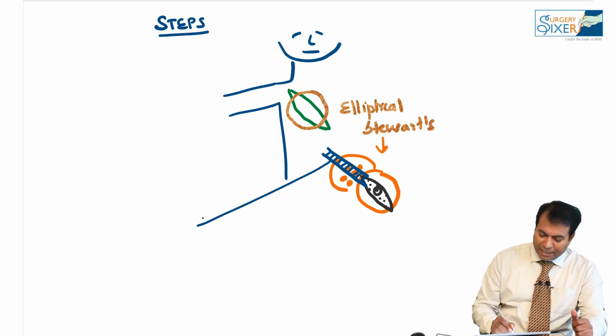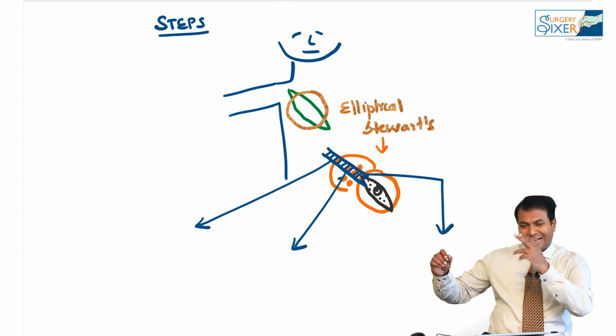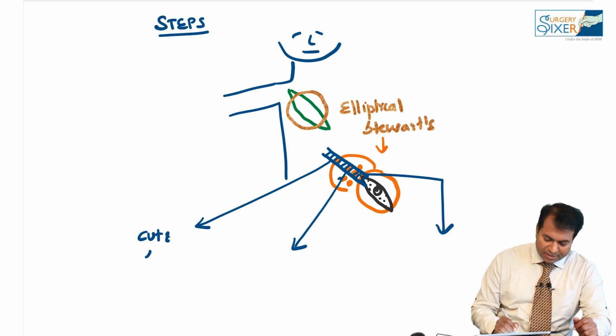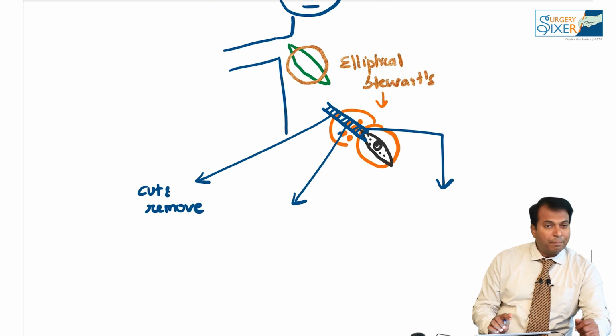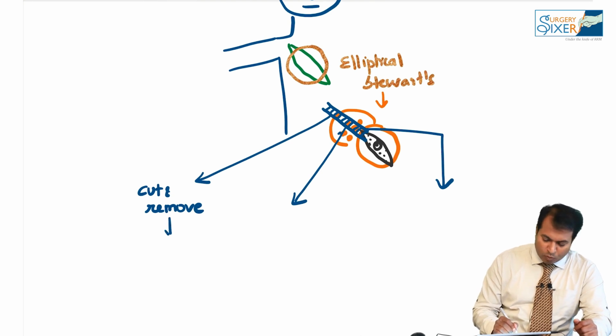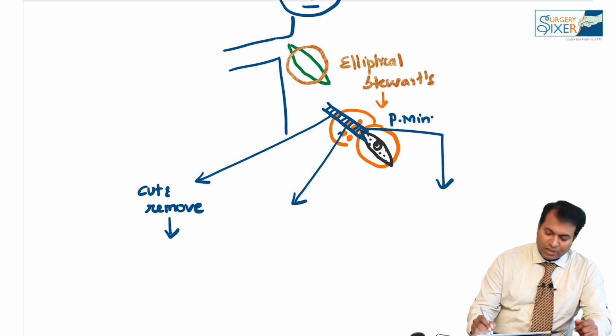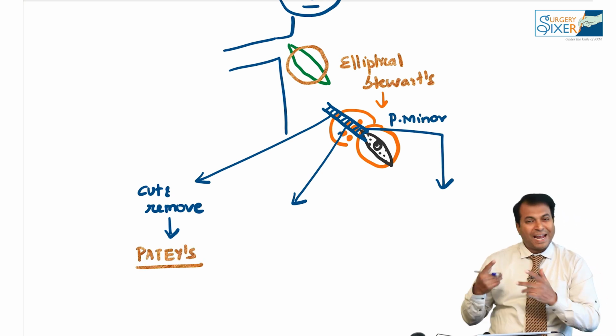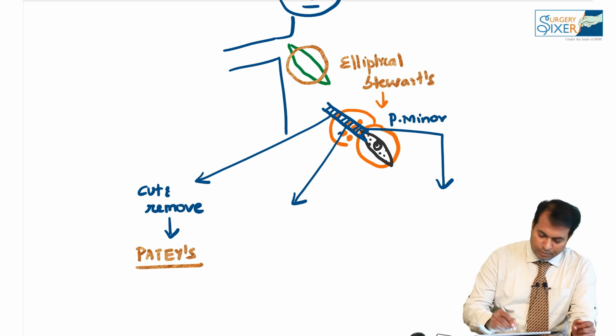So to deal with this pectoralis minor, we have three maneuvers. What are they? I can cut and remove the pectoralis minor. What is the name of that maneuver? During MRM and axillary dissection, the pectoralis minor is cut and thrown out. It is known as Patey's. Remember Patey's. Patey's: cut and remove.